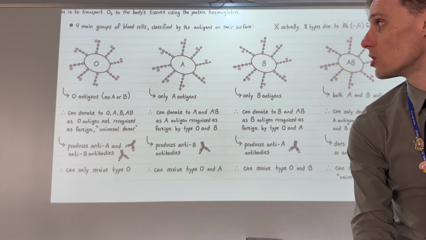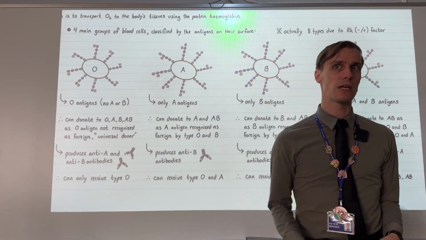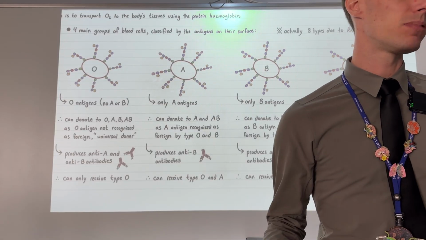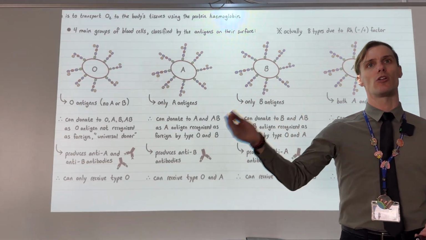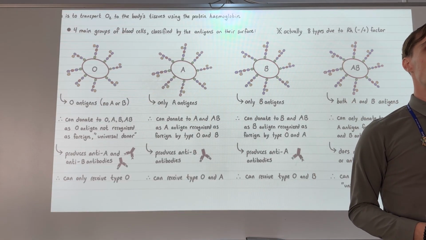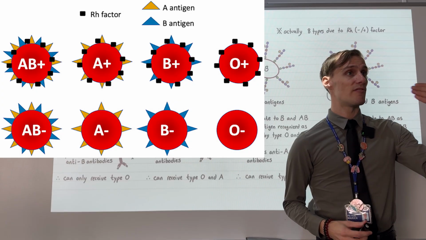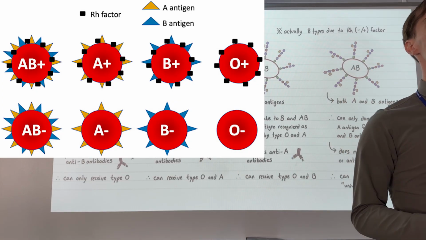Now, it should be noted, and as I mentioned in my notes here, that this is a simplification, because in real life there's actually 8 blood groups, because there's an additional antigen called the Rh factor that is taken into account. You don't need to know that in this course, but if you have that extra Rh factor, then you are positive.